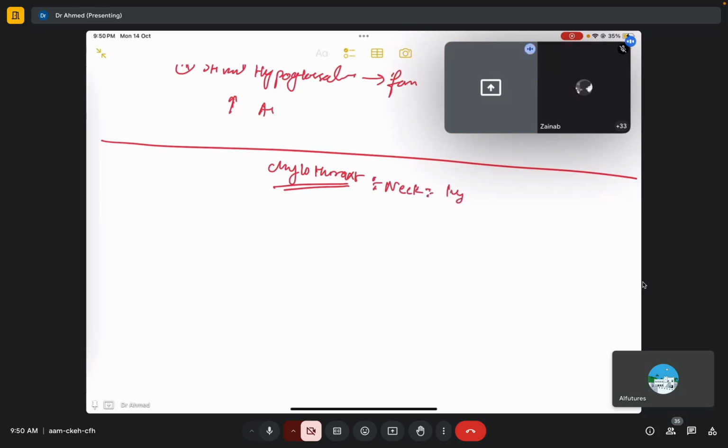During neck surgery and removal of lymph nodes, the thoracic duct can be injured, and once the thoracic duct is injured, it can leak out the lymph in the thoracic cavity, and you can see accumulation of lymph inside the pleural space. So this condition will be called chylothorax, right?